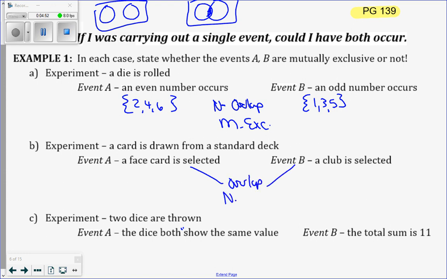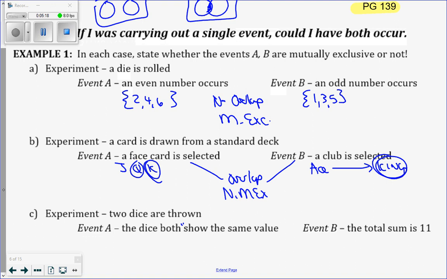So these are not mutually exclusive. Okay, so your face cards are jacks, queens, and kings. Your clubs go from ace all the way up to king. Notice a king club and a king face card, they overlap. A queen club and a queen face card overlap.